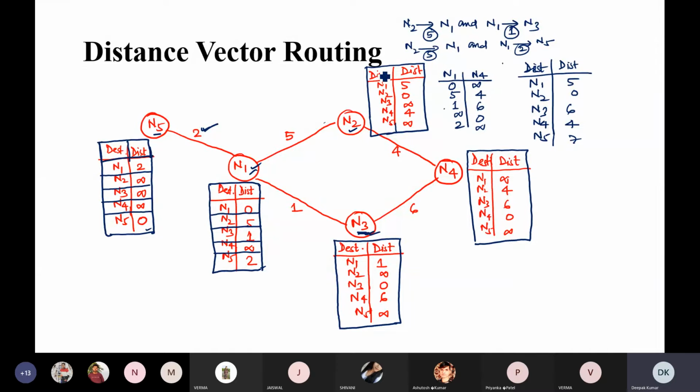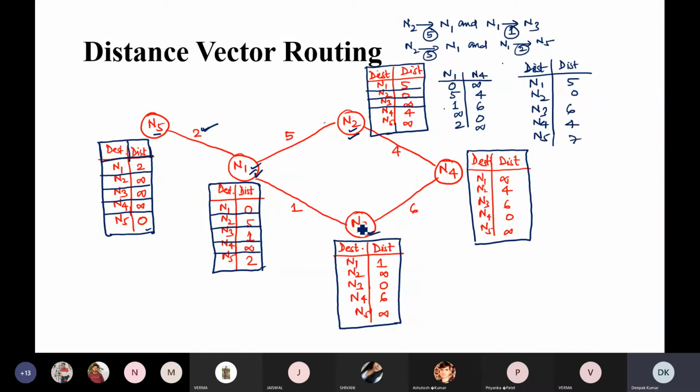See here N2 also, distance from N2 to N1, N2 here and N1 here. This cost is 5. So that's why this is N1 5. Distance between N2 and N2 is 0. Distance between N2 and N3. N3 is the destination.